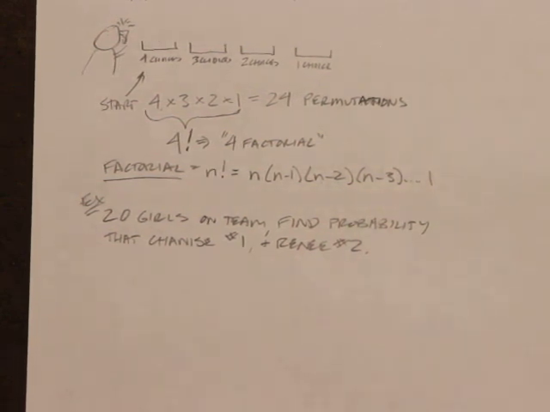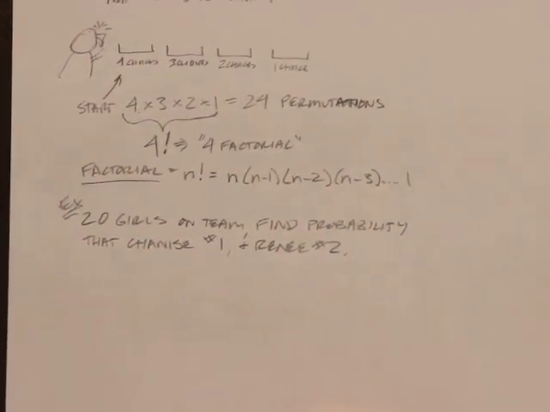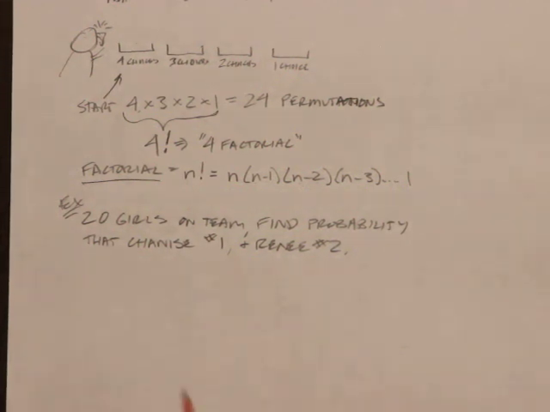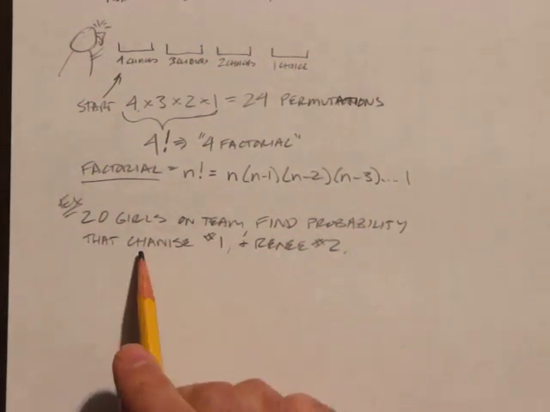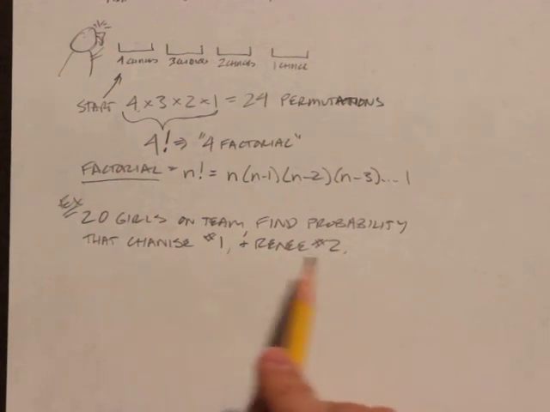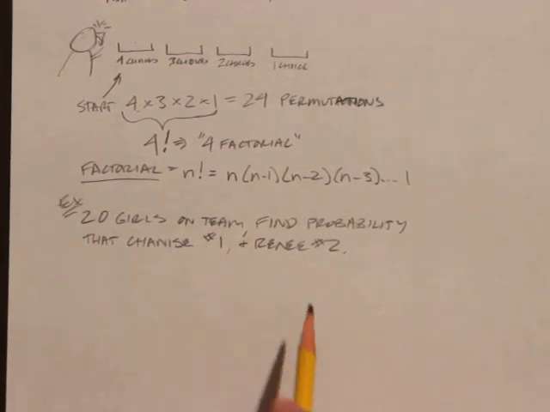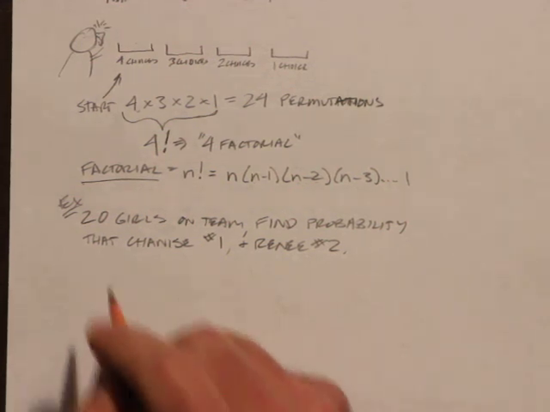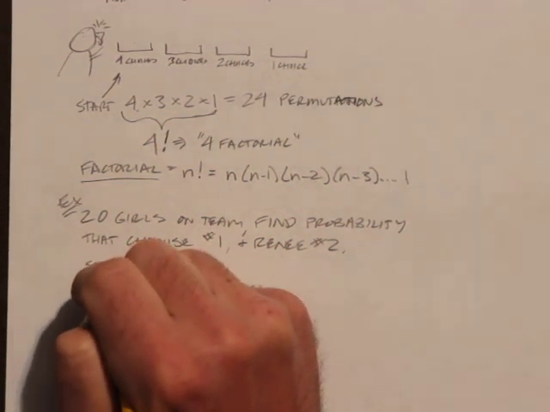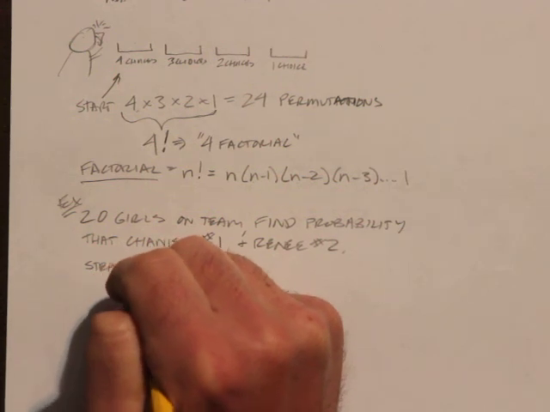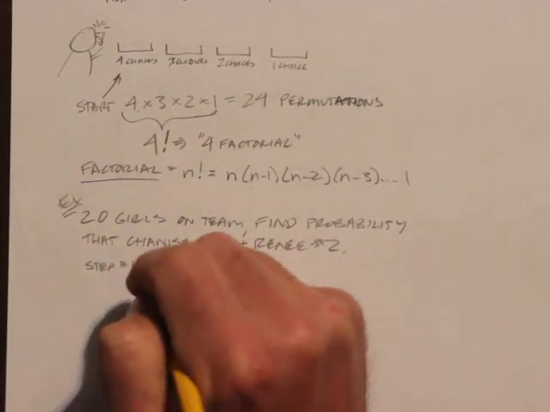Okay, so now here's what we're going to do here. We're going to find the probability that these two girls are going to be number 1 and number 2 on their sports team. So we're talking about like their jersey number or something like that. So here's step 1. Find the total sample space.